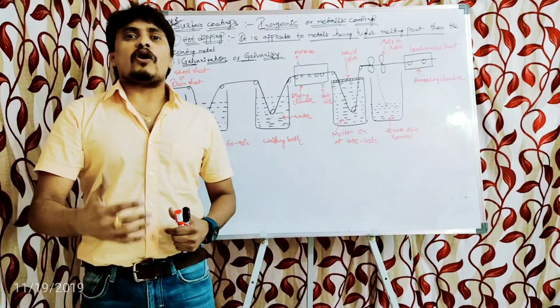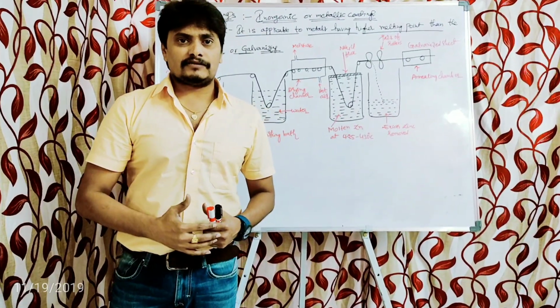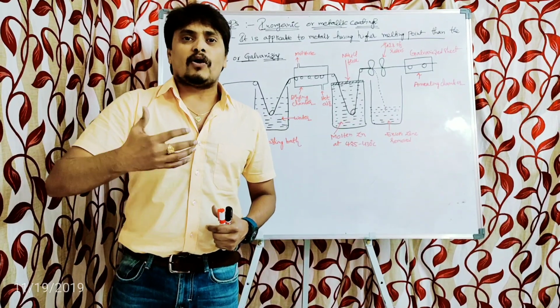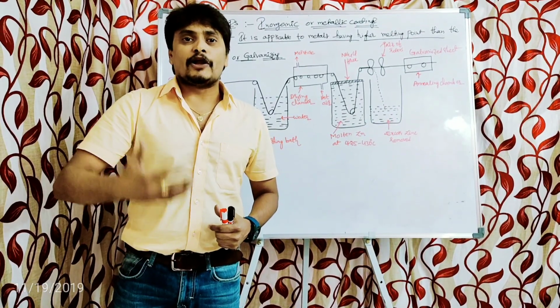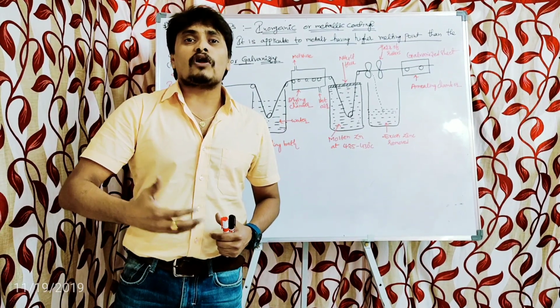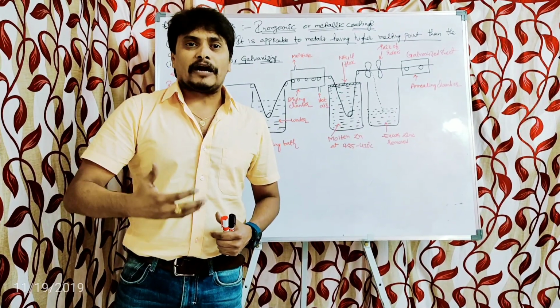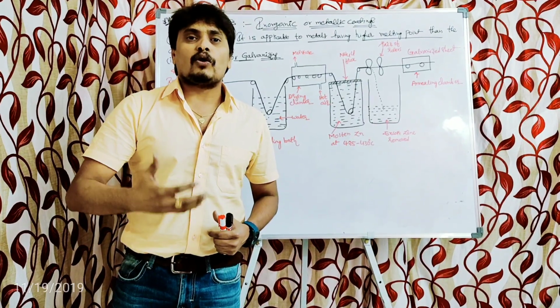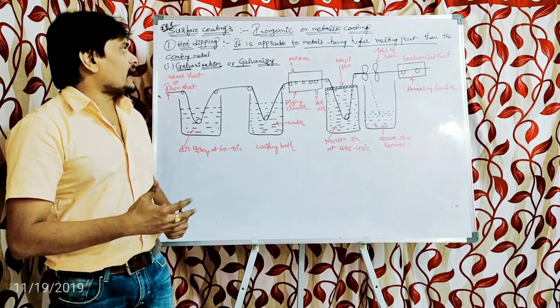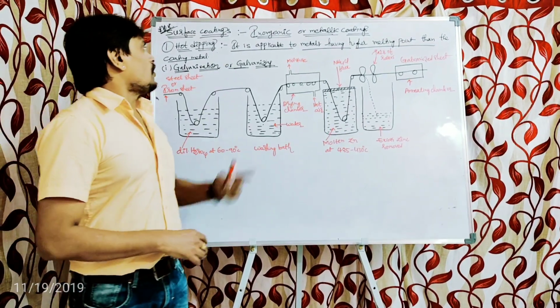Metals are inorganic substances, and since they are coated on the surface of the base metal in order to avoid, protect or control corrosion of the base metal, this method is called inorganic coating or metallic coating.